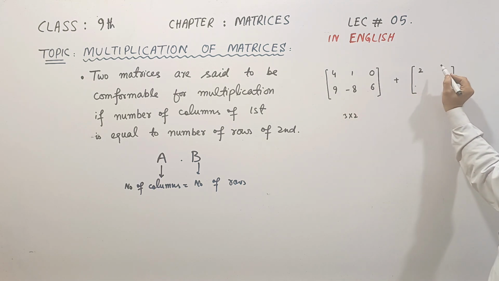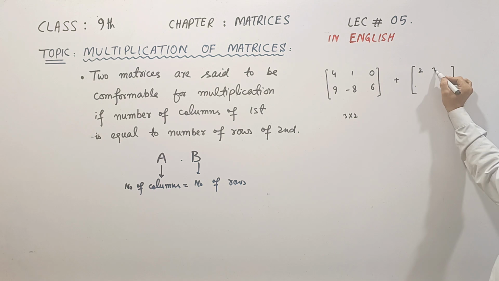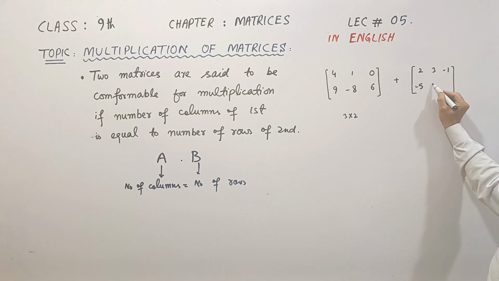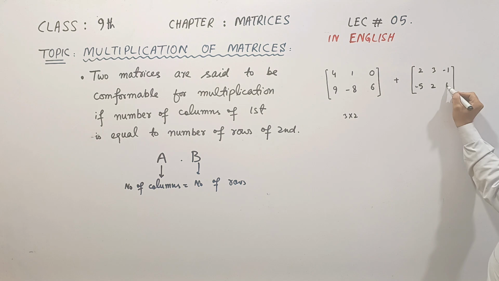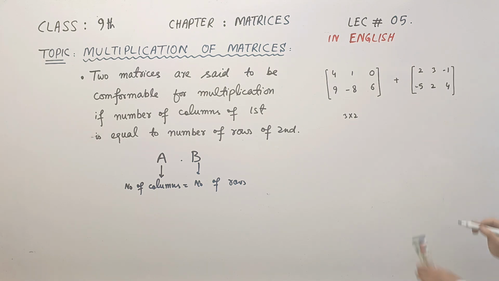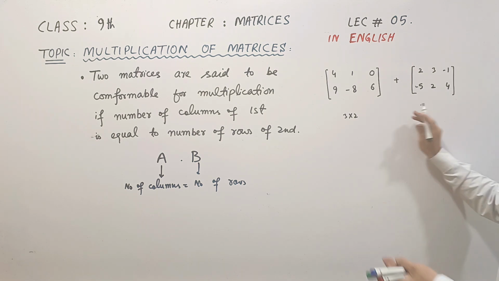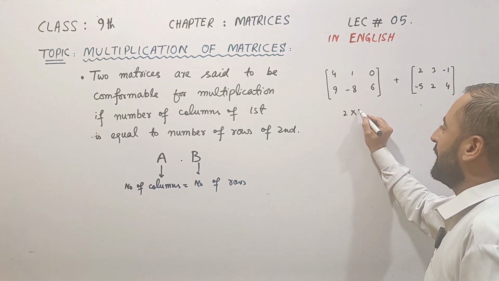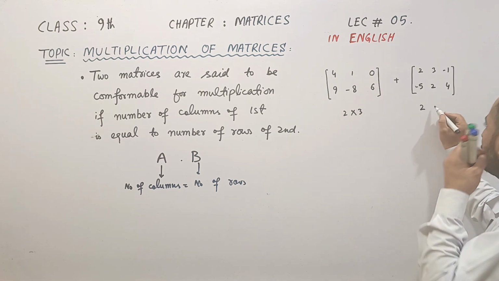The other is, let's say, 3, minus 1, minus 5, 2, and for example 4. These are two matrices and they can be added. Its size is 2 rows and 3 columns, and its size is also 2 by 3.